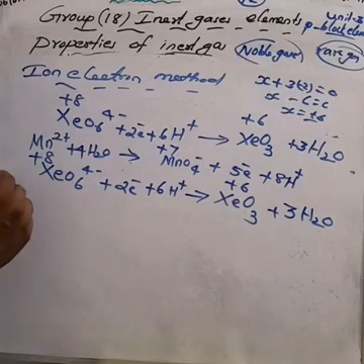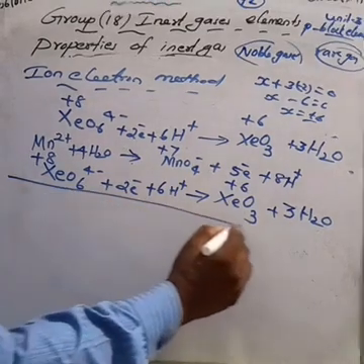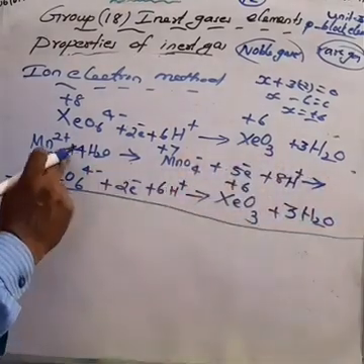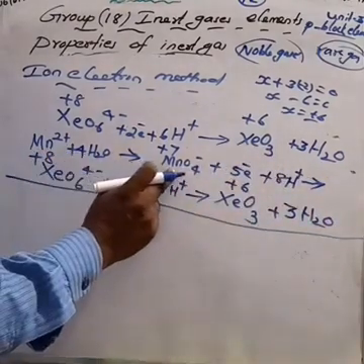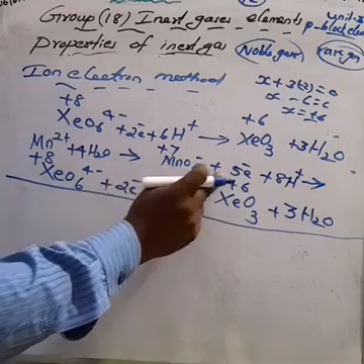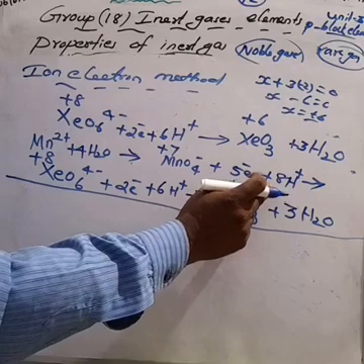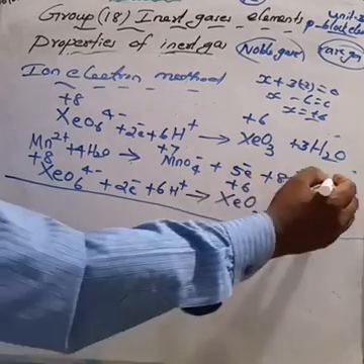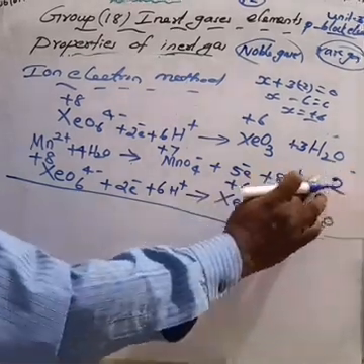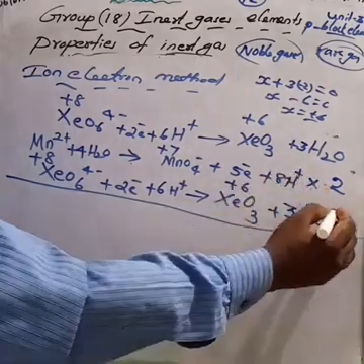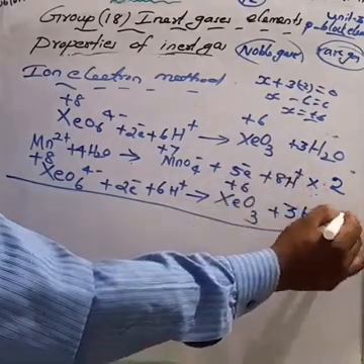Now come to the point. This first equation, that is Mn2+ ion plus 4H2O gives MnO4 minus plus 5 electrons plus 8H plus ion, I am multiplying by 2. This equation I am multiplying by 2, and the below equation I am multiplying by 5. My dear children, just for the understanding.